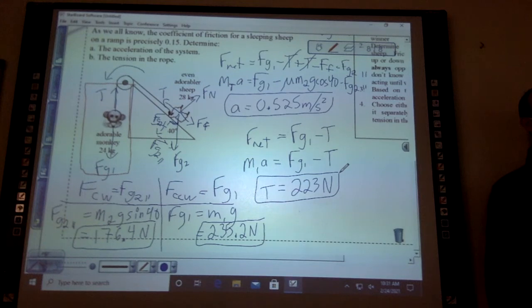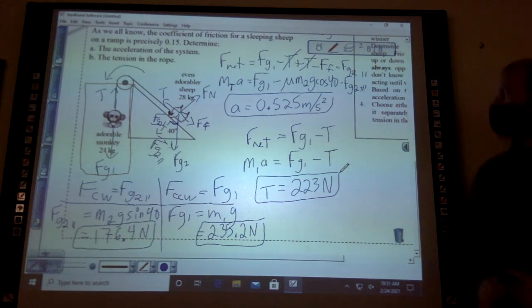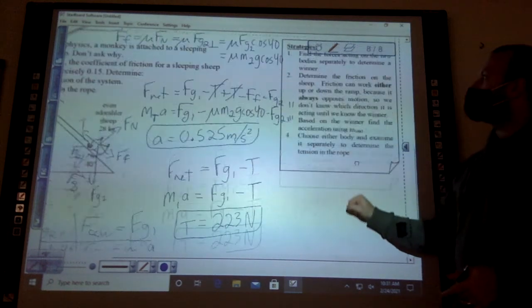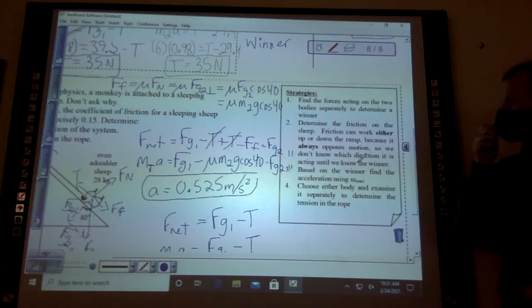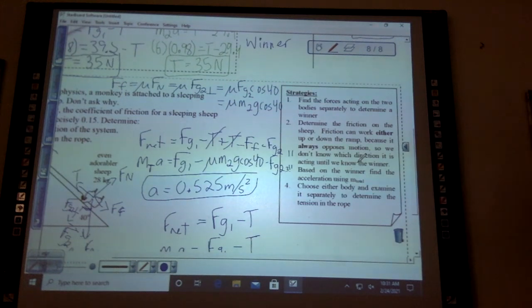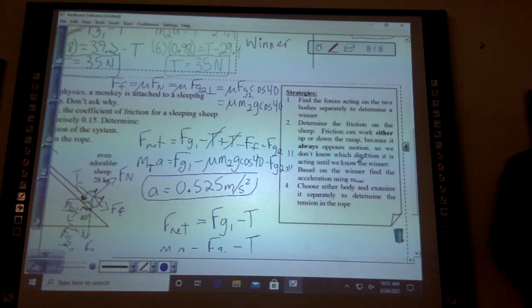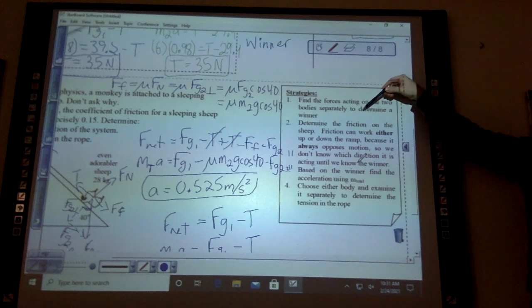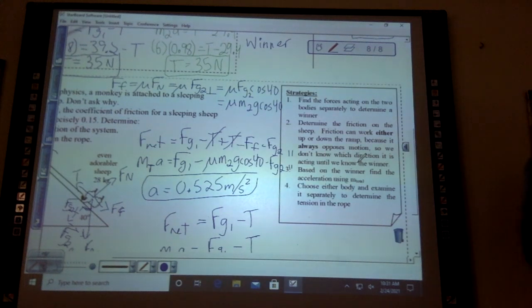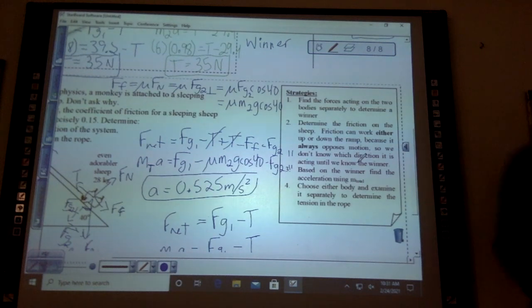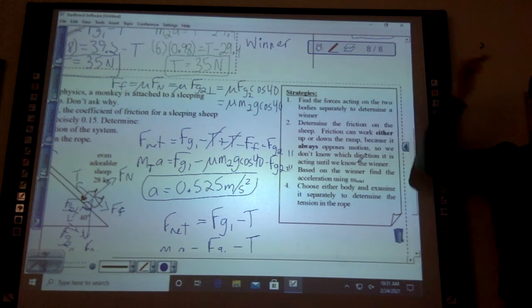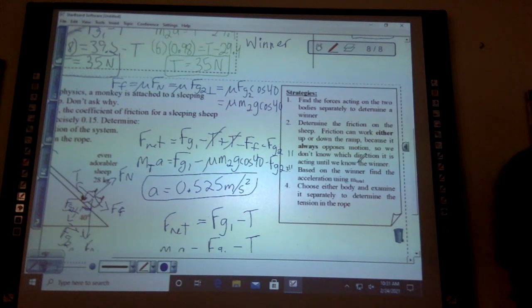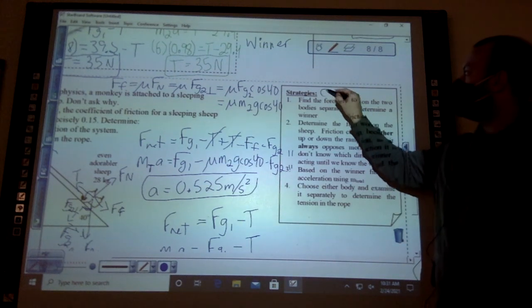So that strategy is going to be the exact same no matter the tension question. Every single time. So that's why it's summarized here in the notes. I added in an extra step here just before the winning forces. I put draw the free body diagrams because it makes it more difficult if you don't do that. So if you want to add up here 0.5 free body diagram, you could add that here.